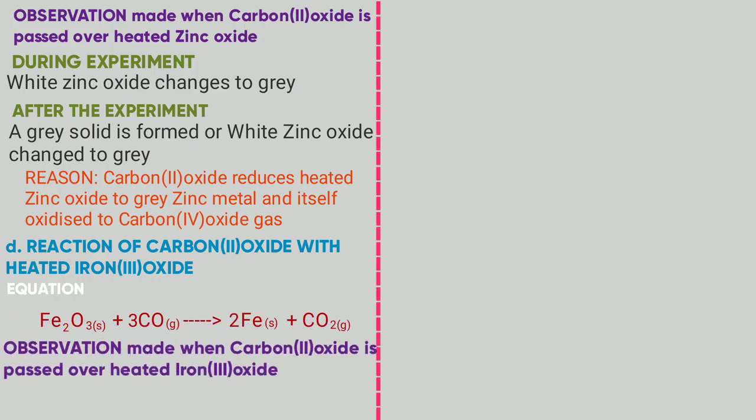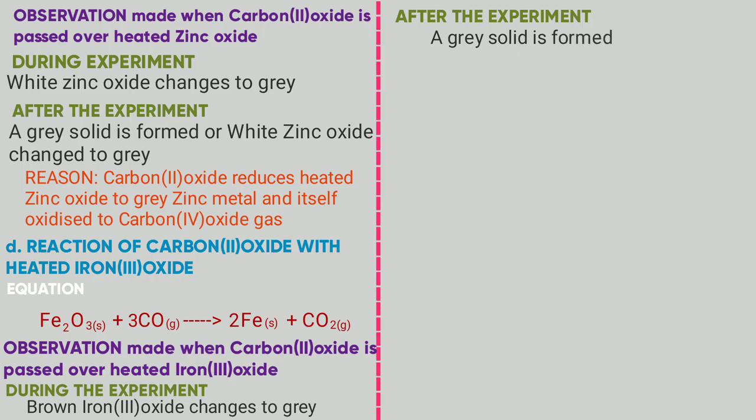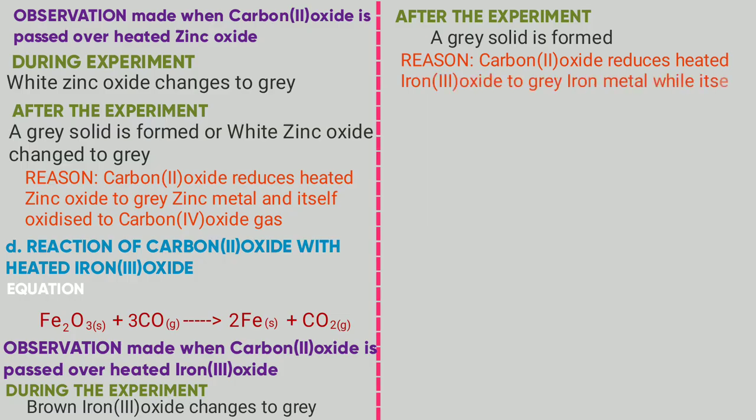The observation made when carbon 2 oxide is passed over heated iron 3 oxide is: during the experiment, brown iron 3 oxide changes to gray. After the experiment, a gray solid is formed. The reason is carbon 2 oxide reduces brown iron 3 oxide to gray iron metal while itself oxidized to carbon 4 oxide.